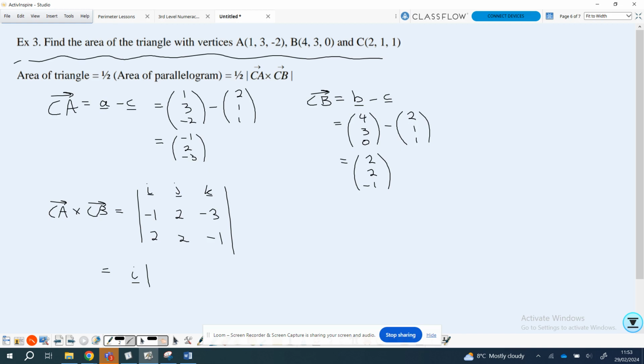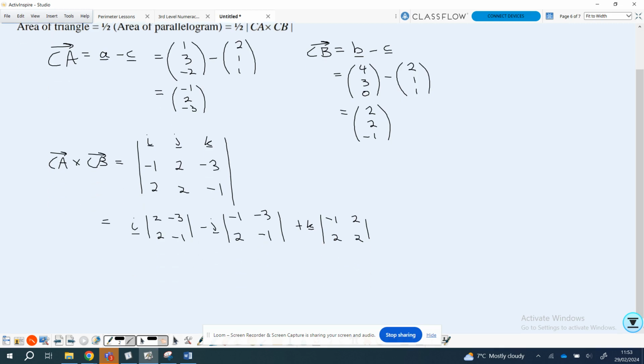So it'll be the I vector with 2, negative 3, 2, negative 1. Now I've made the same mistake that I just avoided earlier on. Change the sign of the J. And that's going to be negative 1, negative 3, 2, and negative 1. And then K with the last 2 by 2, which would be negative 1, 2, 2, and 2.